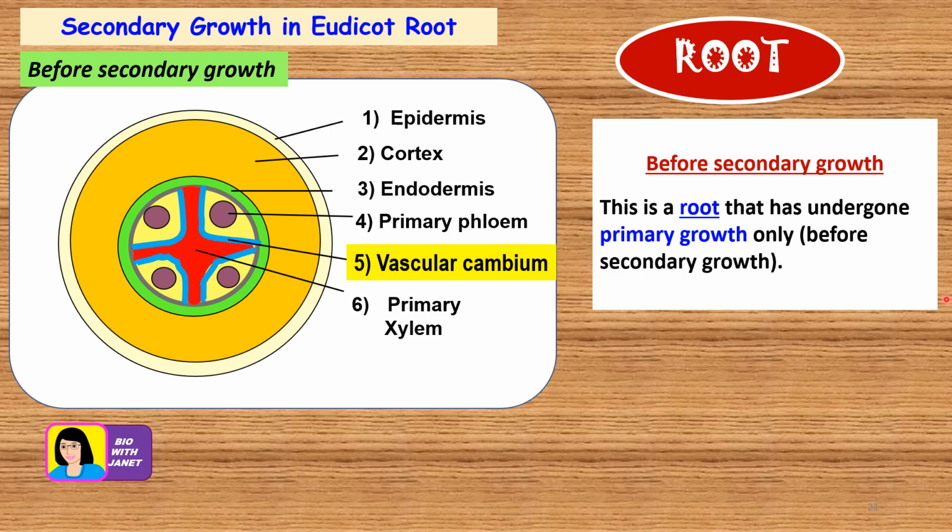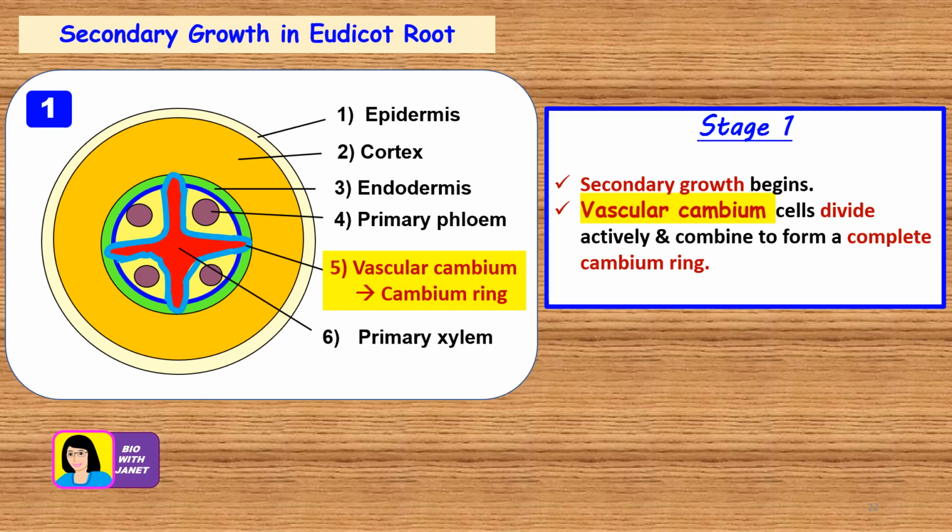Okay, here we see the vascular cambium, the blue lines. It represents the vascular cambium before secondary growth. Now, stage 1 of secondary growth in the root. The vascular cambium divides by mitosis and combines to form a complete cambium ring.